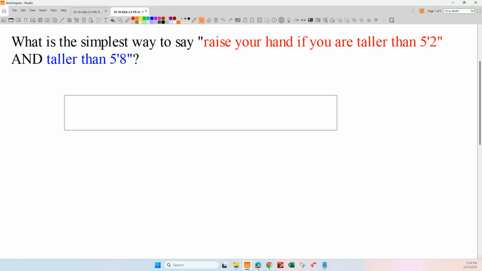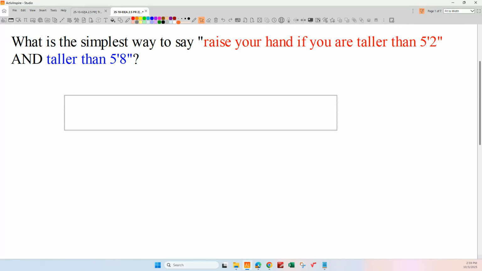But if you're 5 feet 9, are you taller than 5 feet 2? Yes. Are you taller than 5 feet 8? Yeah. So all the heights that are less than 5'8" could never make this statement true because both of them have to be true. So we shouldn't include that red statement at all. It doesn't contribute anything, right?